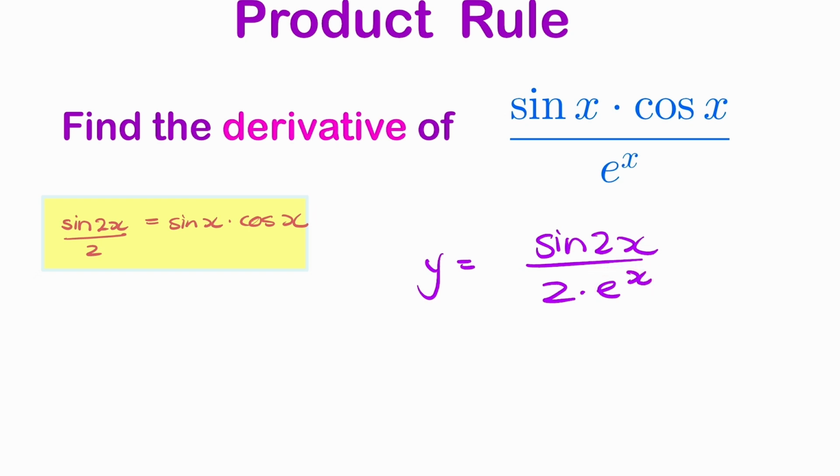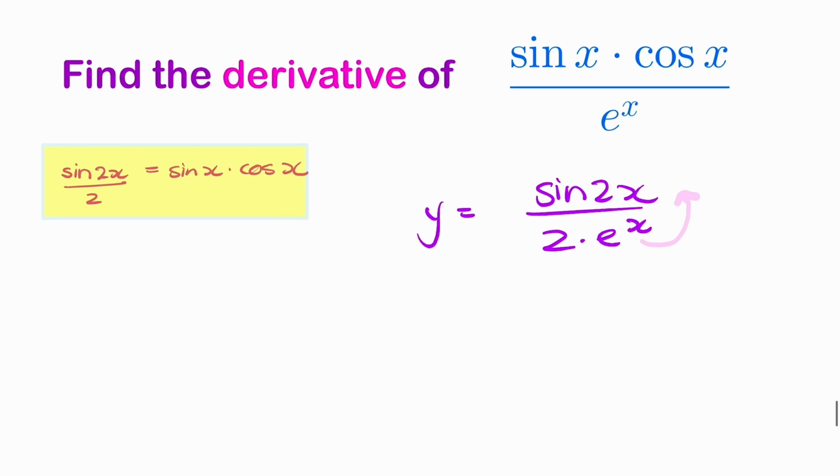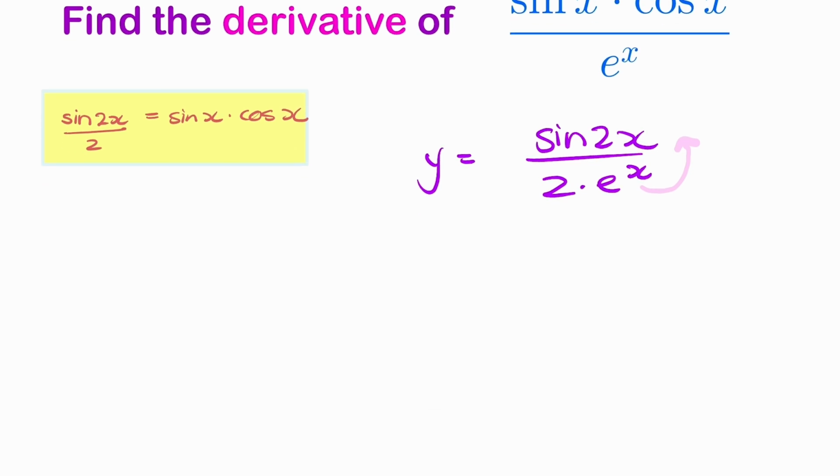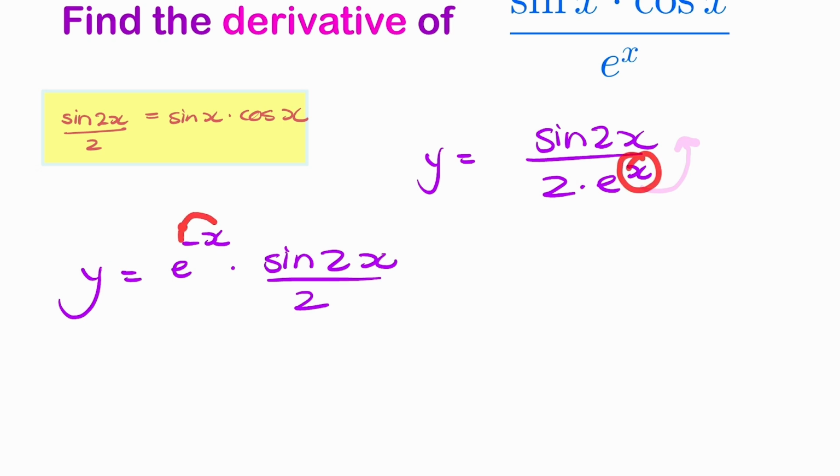What I can then do is bring this exponential up into the numerator so we don't have a fraction. I can write it as y equals e to the minus x times sine 2x divided by 2. So I've simply brought the exponential to the numerator and made the power negative.